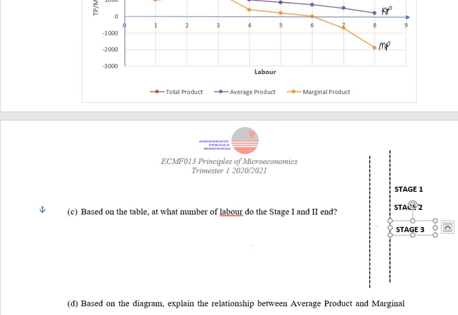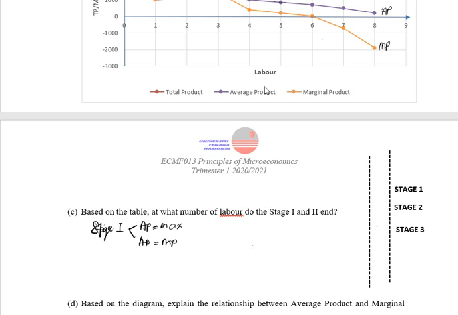For stage 1, the condition is that it will end when average product reaches maximum. That is the first condition. And the second condition is when average product equals marginal product.